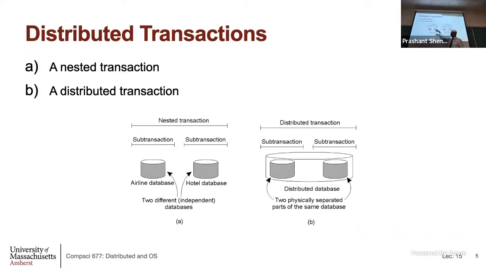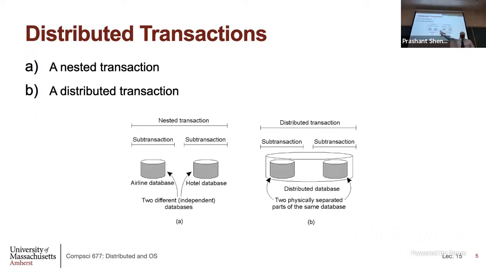So you want the whole thing to succeed, and you want each of the individual transactions to succeed. This is just nested, but now you see that this has already become distributed in some way because the transaction is touching two independent databases. That's one example of how you will use this in a distributed system. Is this clear? Here's another example.